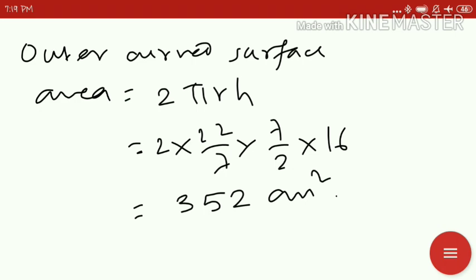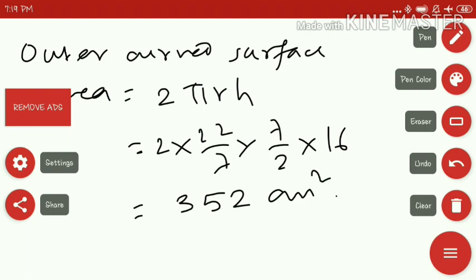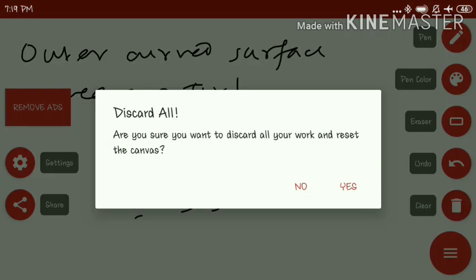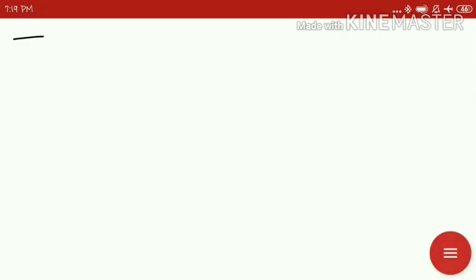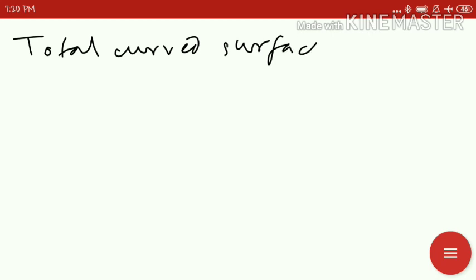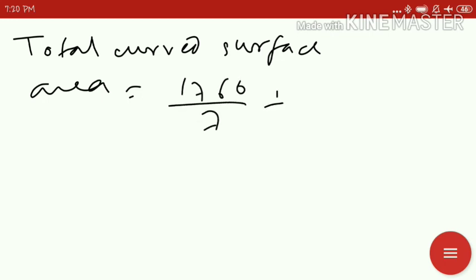We need to find the total curved surface area. That means we are going to add those two surface areas. So total curved surface area means inner plus outer. The inner I have already found is 1760/7, and the outer is 352.